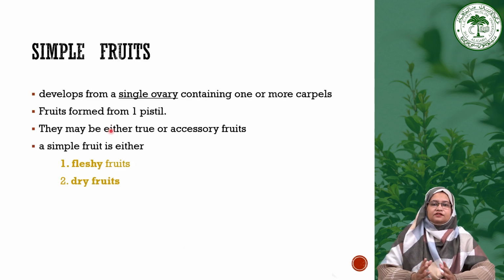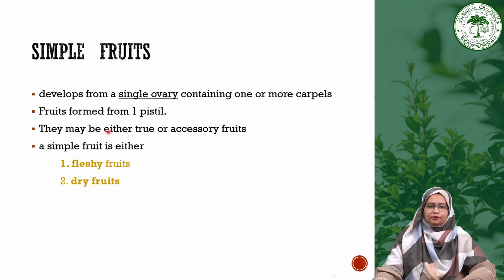The simple fruit develops from a single ovary containing one or more carpels. The ovary may be unicarpellary or multicarpellary, but the ovary is syncarpous. Fruit from a single pistil may be either true or accessory fruits.